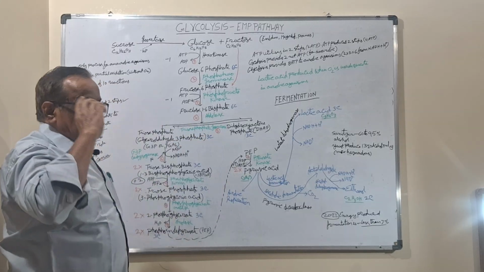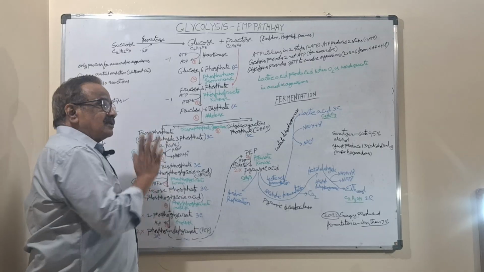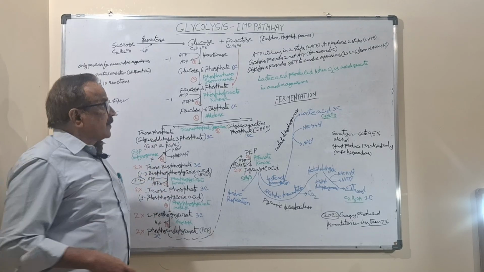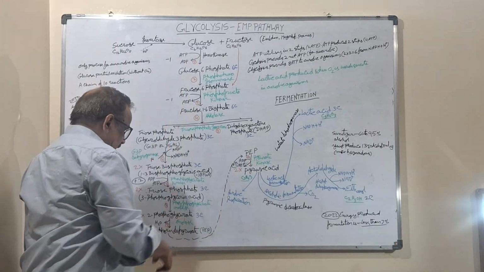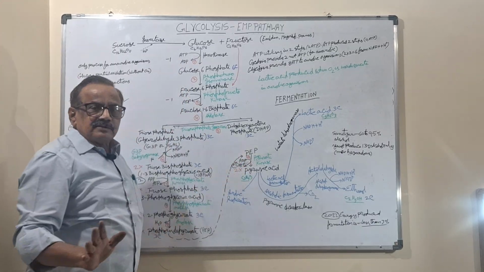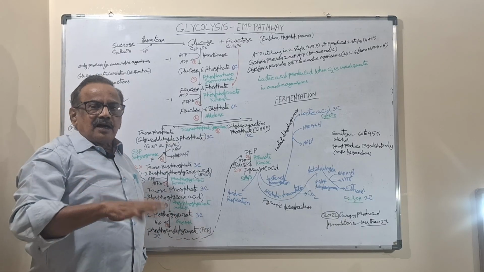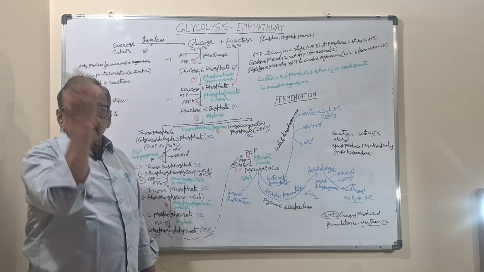And one more thing. Some people are telling that 7 reversible reactions are present in this. Is it in the textbook? Not necessary. That also I will tell. The first reaction is irreversible, the third reaction is irreversible, and the 10th reaction is irreversible. It is not necessary to know this, but all the others are reversible. You may get one more doubt: why are there so many reversible reactions?